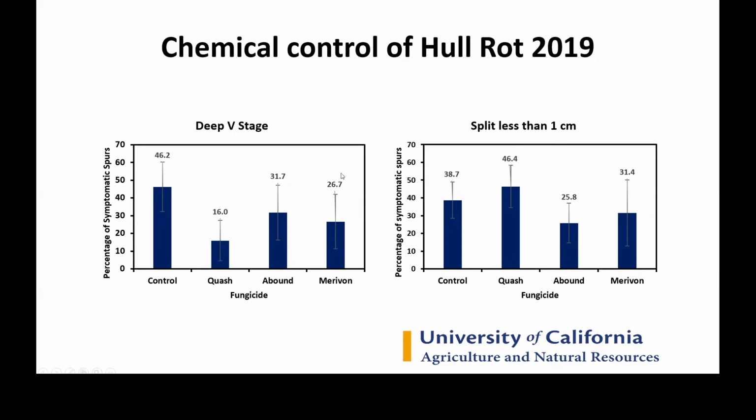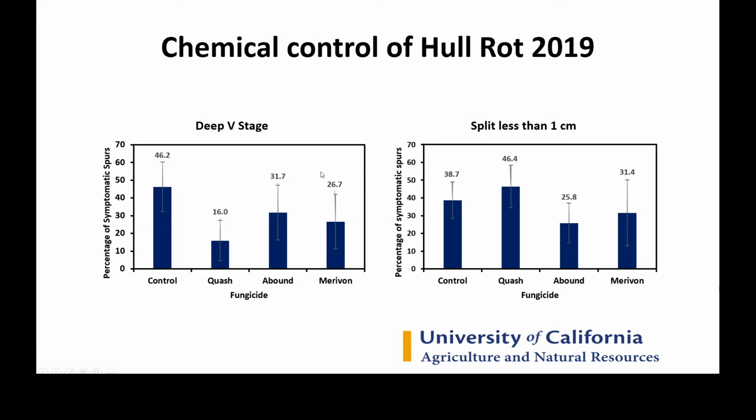This experiment was done by bottle spray, all right, which really does not resemble what commercially is being done. So we have seen the trends when we use it at the deep V.